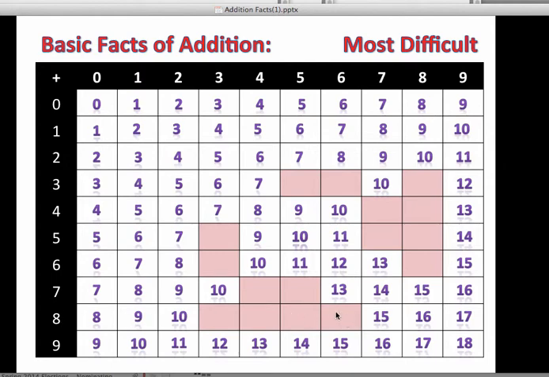I can honestly tell you that none of the problems that slow me down are in this group of numbers. The ones that slow me down are here, these 16. And I'm betting that if you think about this, they're probably the hardest for you to learn as well.